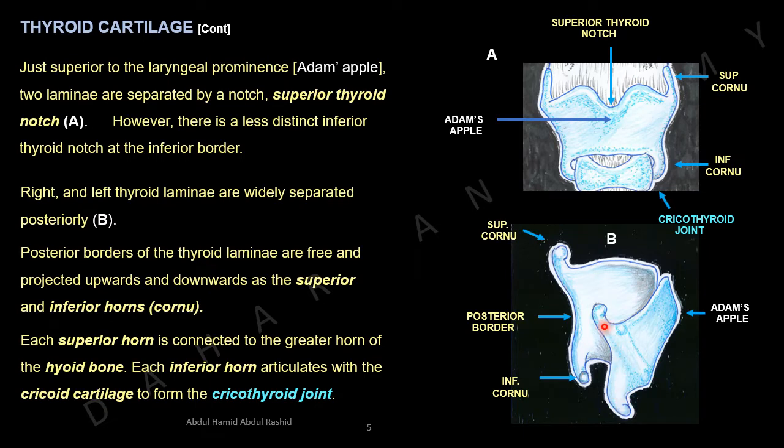The upper one is called the superior horn or cornu, and this is the inferior horn or inferior cornu. So this is on the right side and this is on the left side. Each superior horn is connected to the greater horn of the hyoid bone, and each inferior horn articulates with the cricoid cartilage to form the cricothyroid joint. We'll talk about this one later.